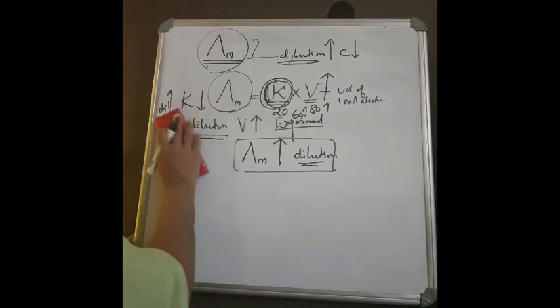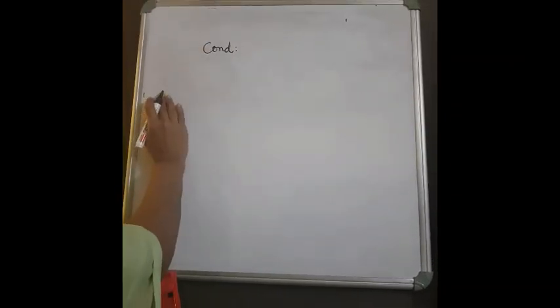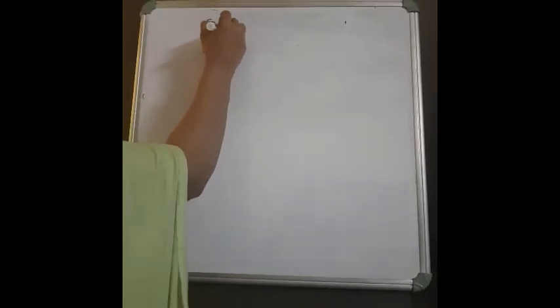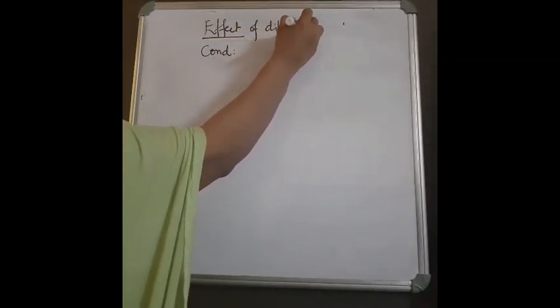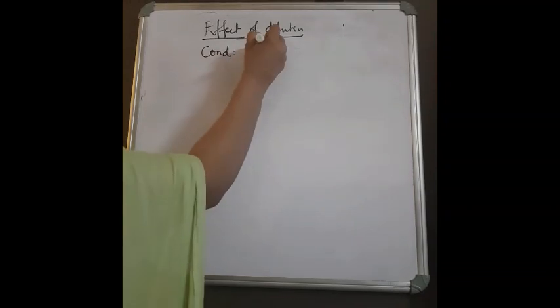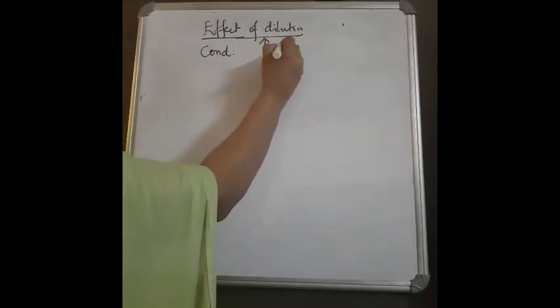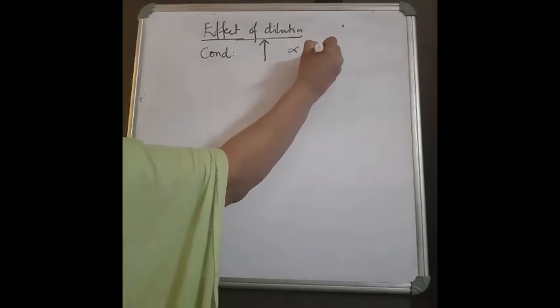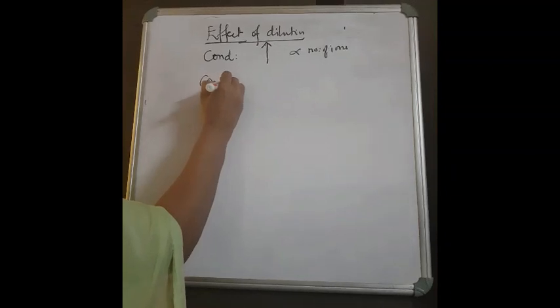Okay, now I will just sum up the three. Effect of dilution. First, on conductance, what happens? Conductance increases, correct? That is, it is related to the number of ions. Now what about the conductivity?